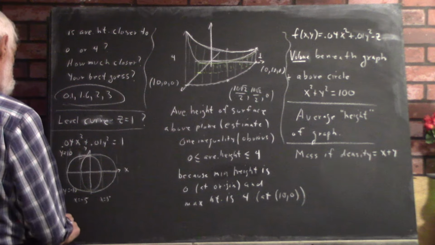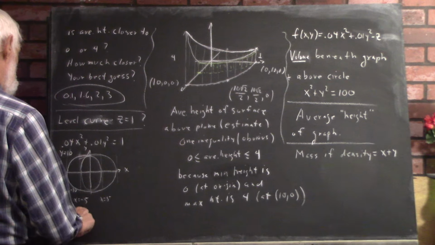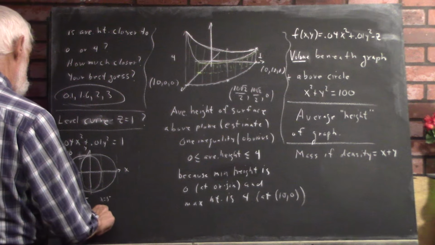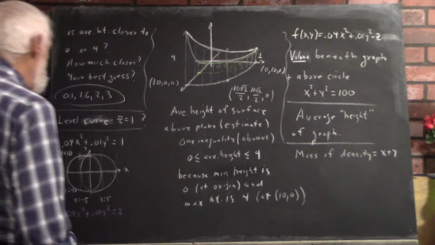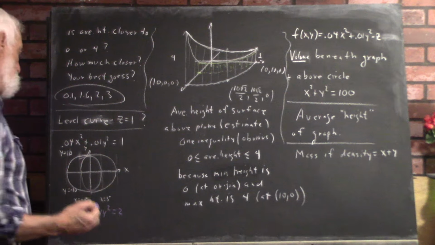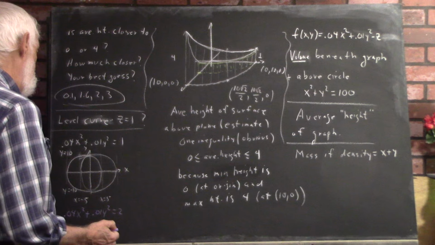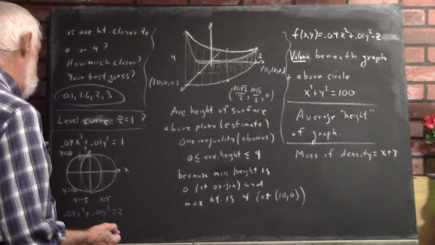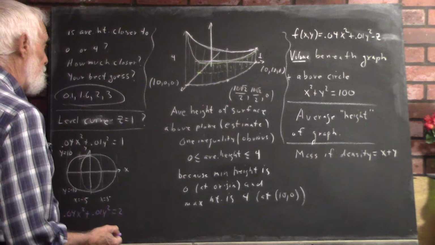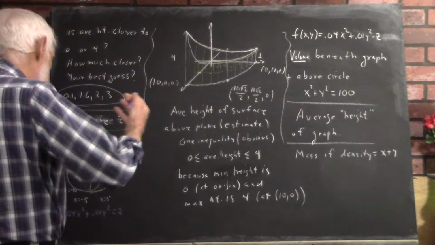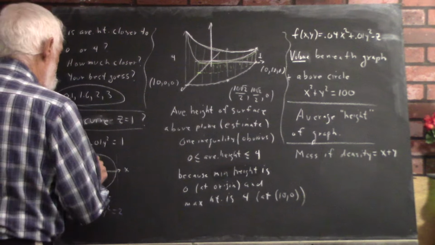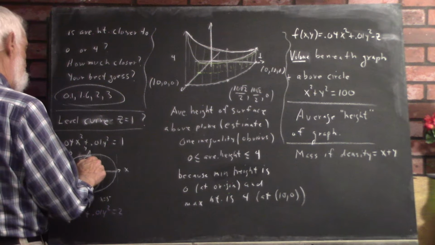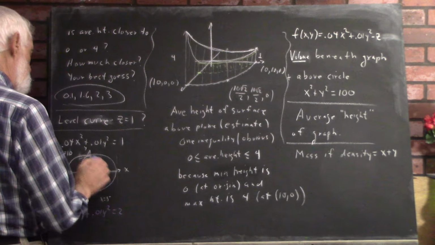Okay, well then, the semi-major axis is going to be 10 over the square root of 2, which is about 7. And that's totally wrong.